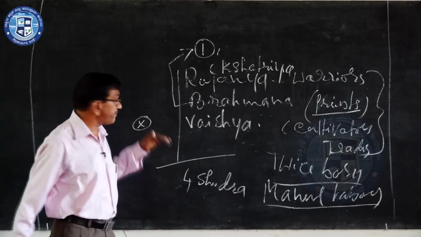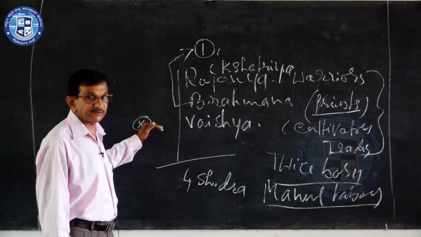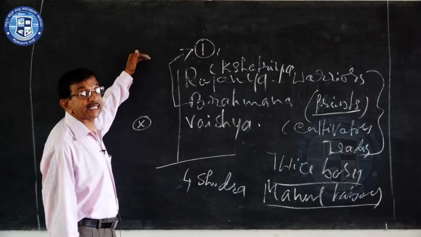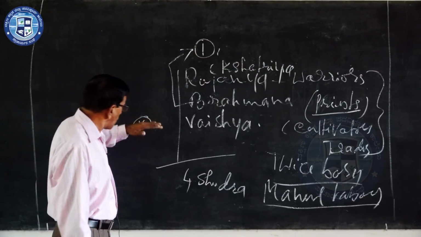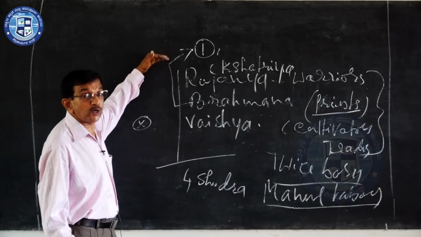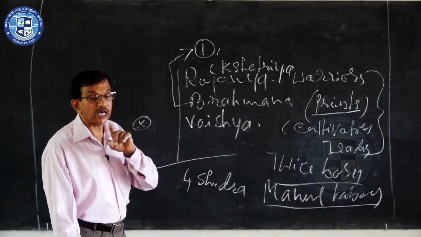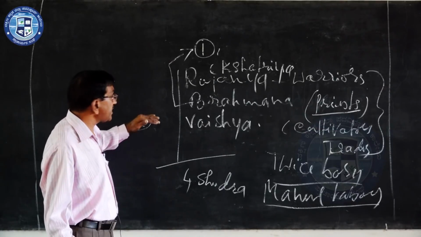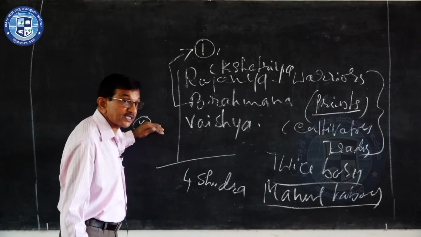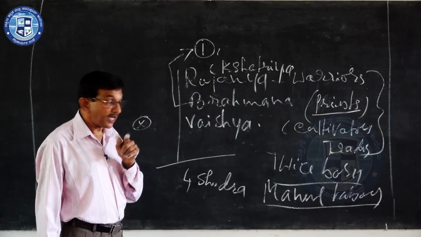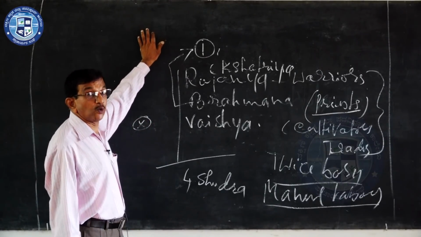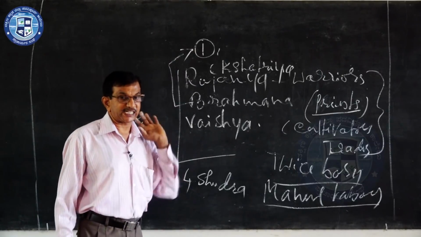Anuloma marriage means a woman from low status married to a high status man. It is called anuloma. Pratiloma, in a sense, is a high status woman married to a low status man.